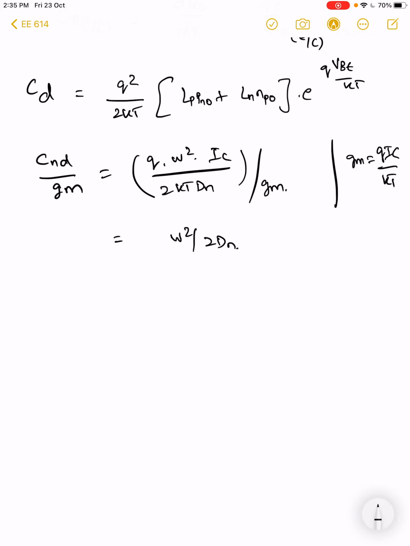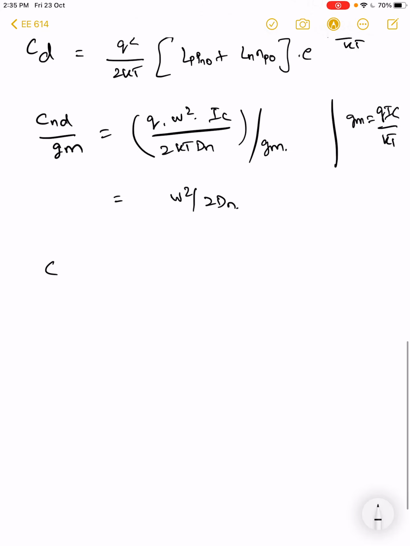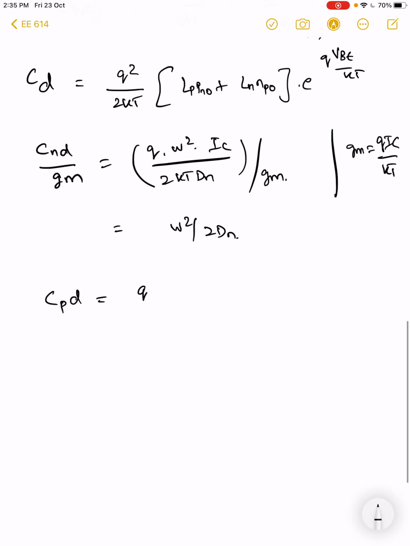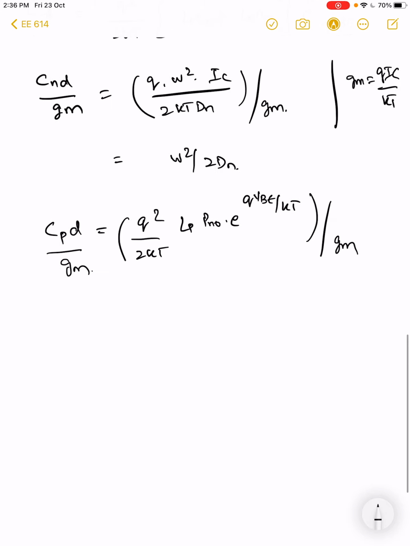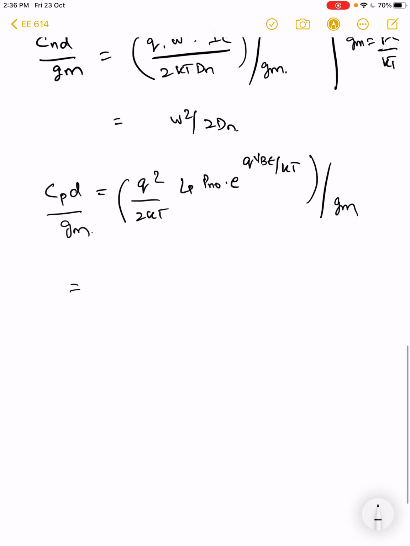Now let us take a look at the capacitance from the diffusion current of holes, which is q square by 2 kT Lp pn naught e power qVBE by kT, divided by Gm, remember. And Gm is q Ic by kT, so I'm going to substitute that as well.